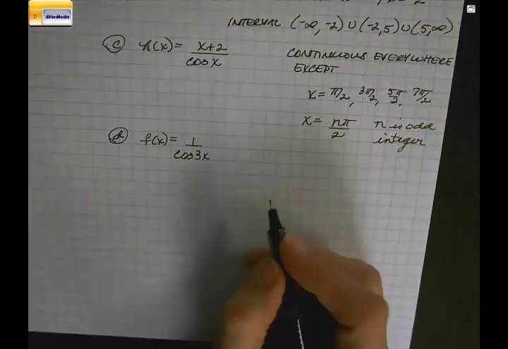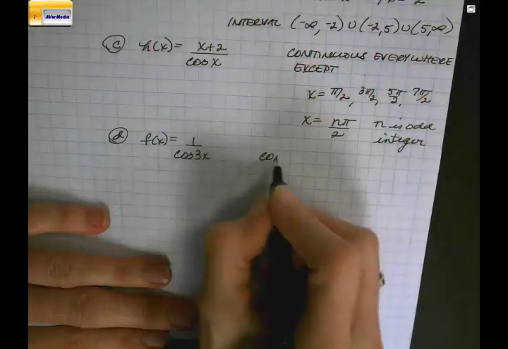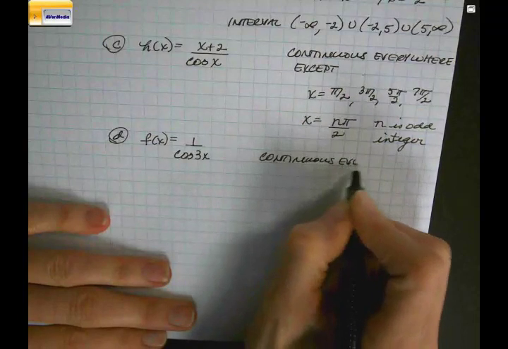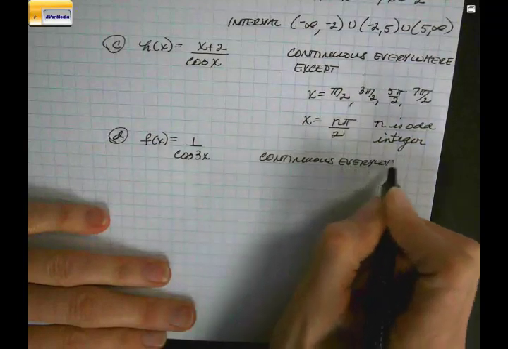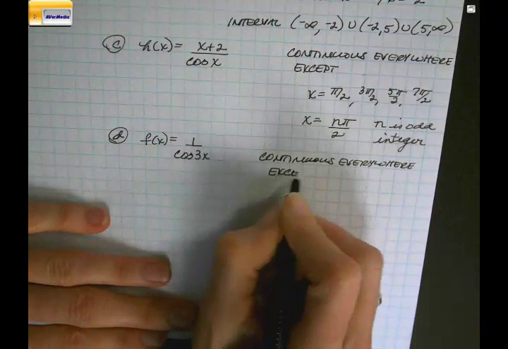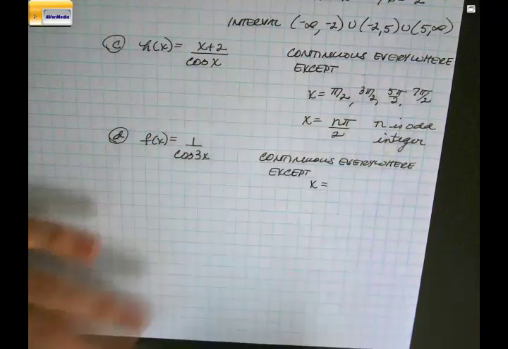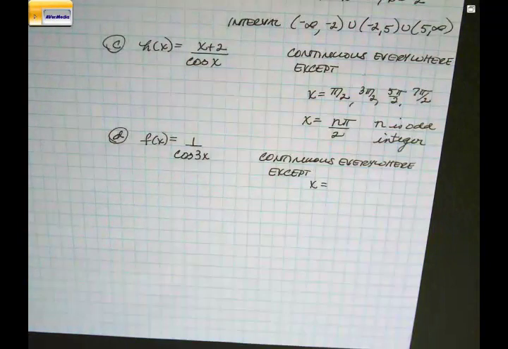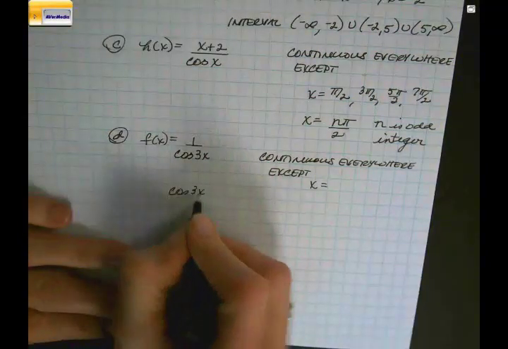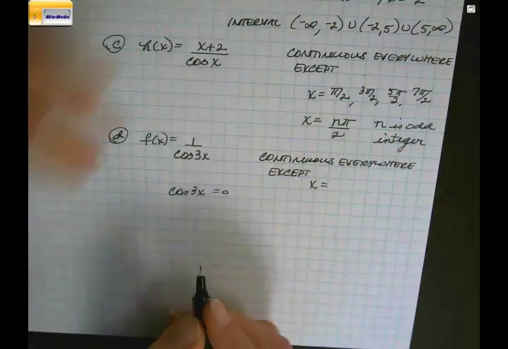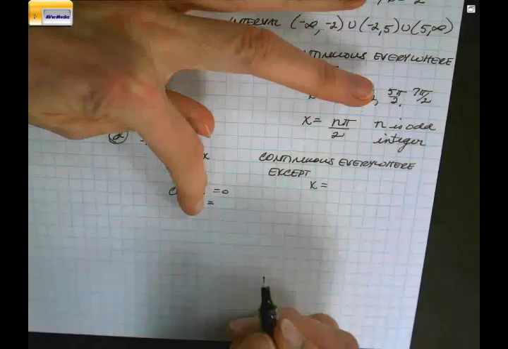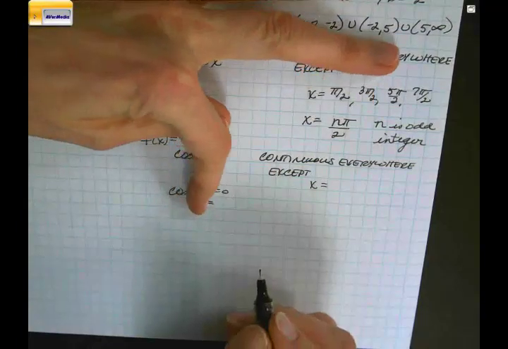Okay, so continuous everywhere except, let's see. The problems occur when cosine of 3x equals 0, right? So 3x, which is theta, when does cosine of theta equal 0? What must theta be?